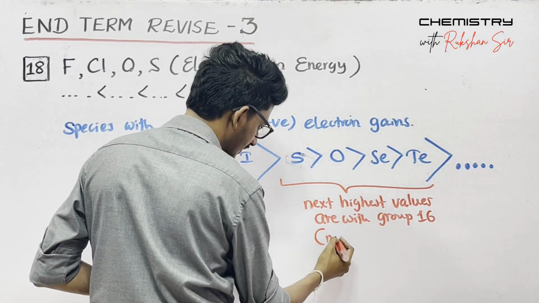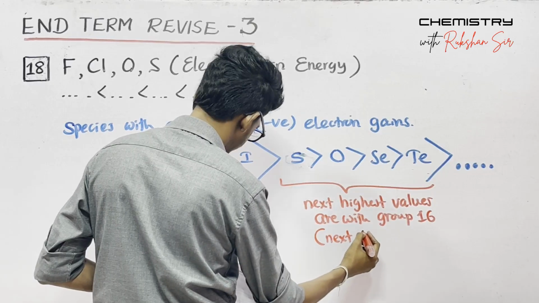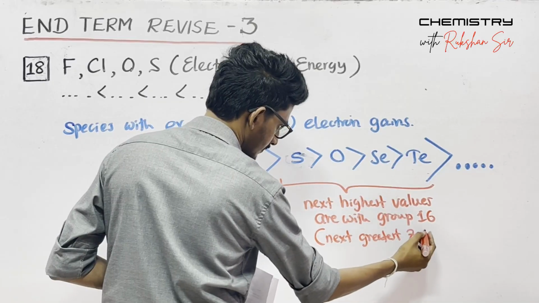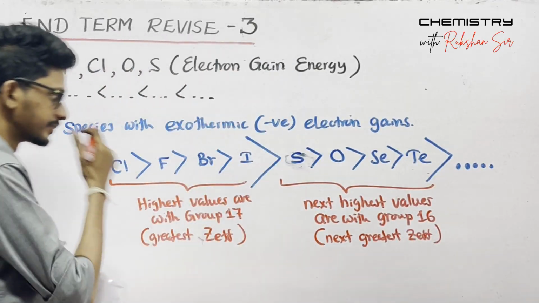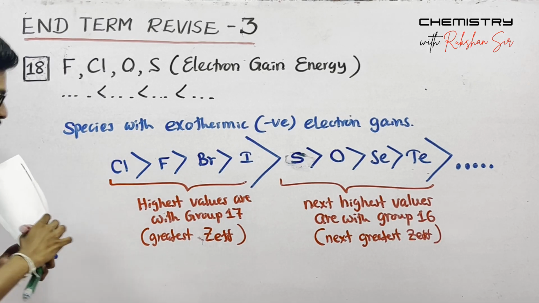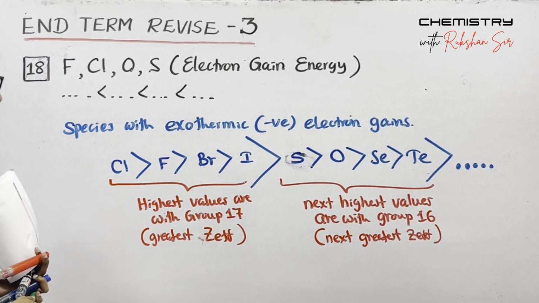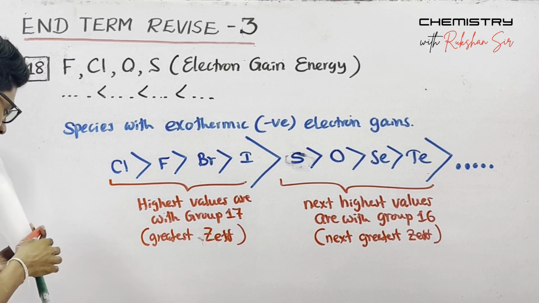This is next greatest. This is the reason, right? Okay, so that is what you should know. You should know the first 8 guys with the greatest electron gain energies, right? So with this, you can complete the stuff.